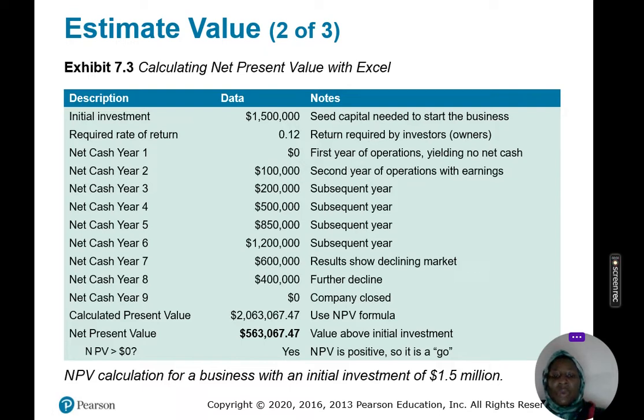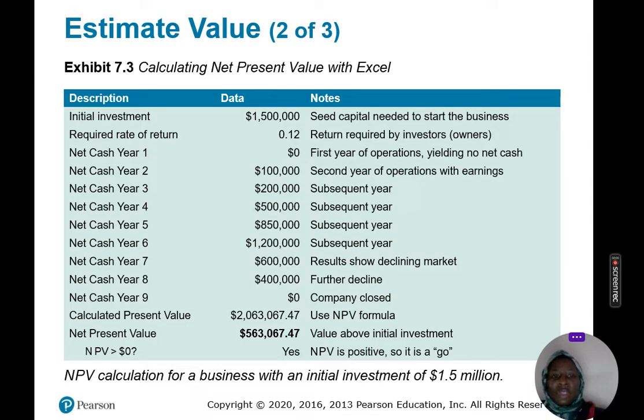If you look at the NPV, you'll see that the total present value was now 2,063,067.47.